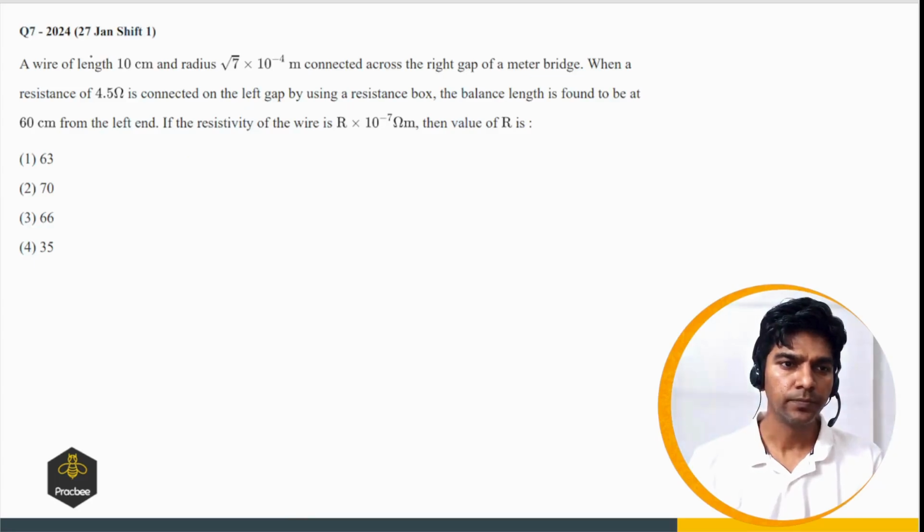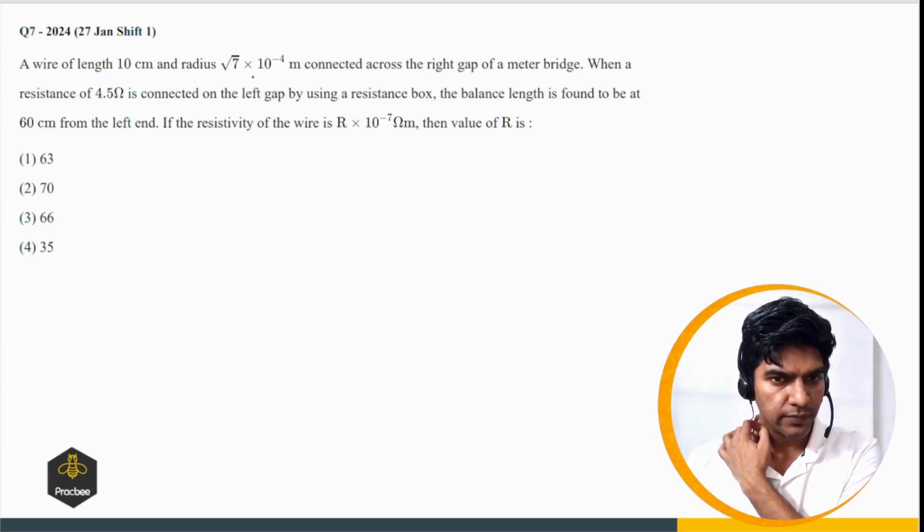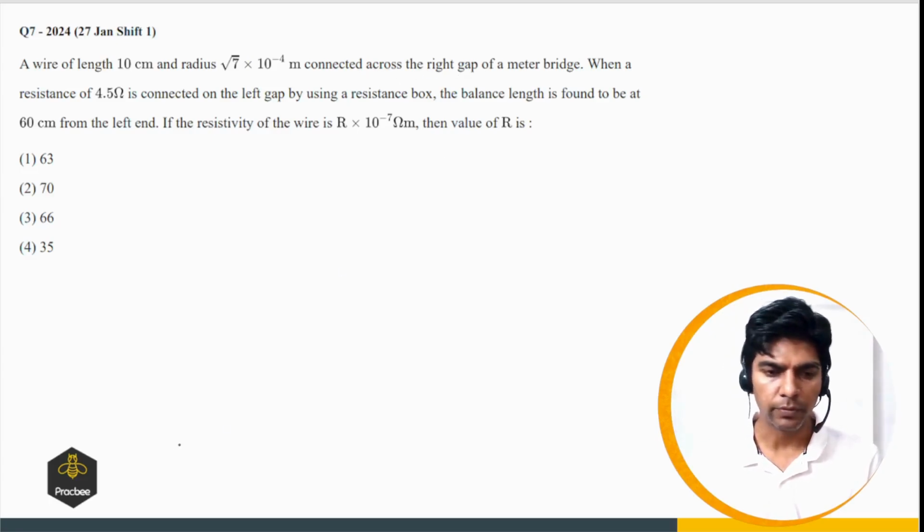Let us see the next question. A wire of length 10 centimeter and radius root 7 into 10 raised to power minus 4 meter is connected across the right gap of a meter bridge.